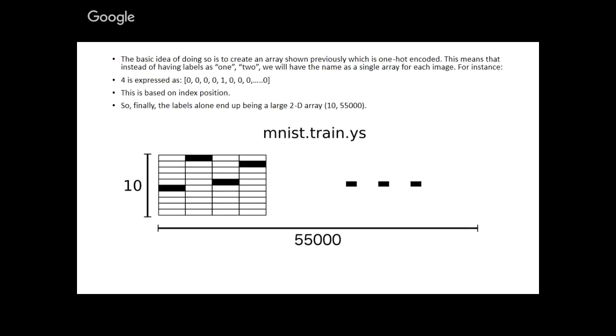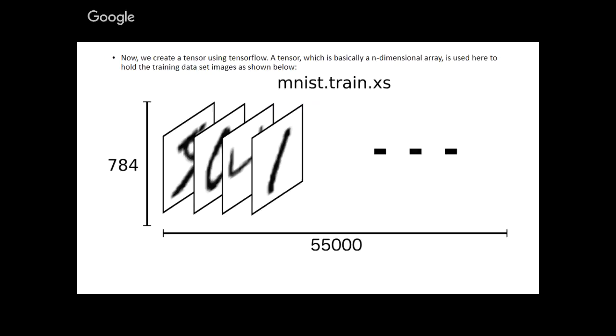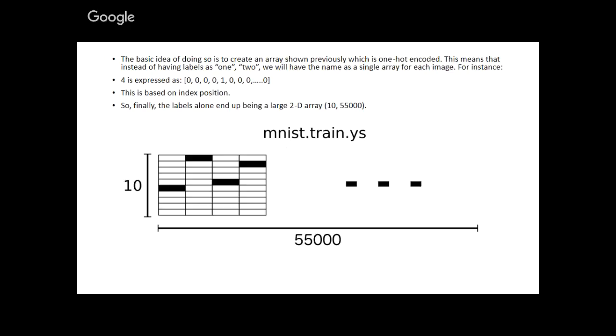Now we are going to use something called one-hot encoding. One-hot encoding is nothing but this: if I were to pick a particular image, let's just say 4 or 1, this 4 or 1 will have a label, a name, or some kind of tag attached to it that says it's 4 or 1. Instead of having a name or a tag which is a string, we use an array to represent the label. This is called one-hot encoding. For example, 4 is expressed as 0000100 and so on.